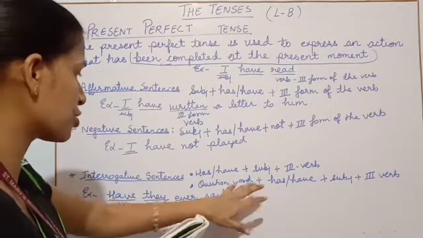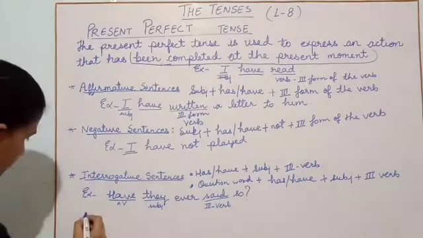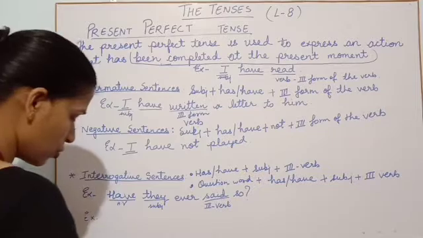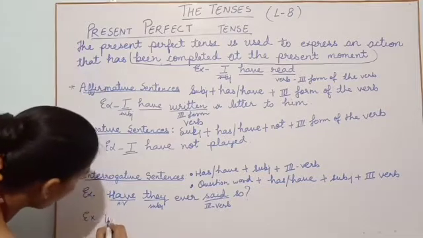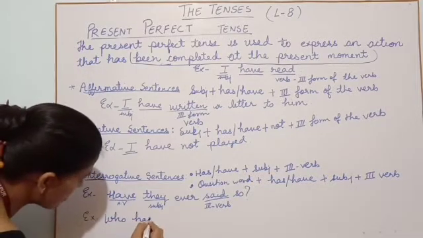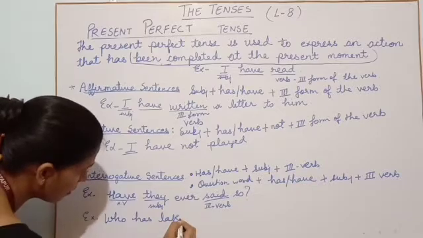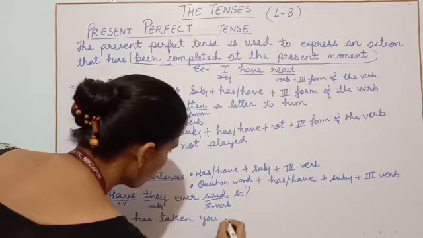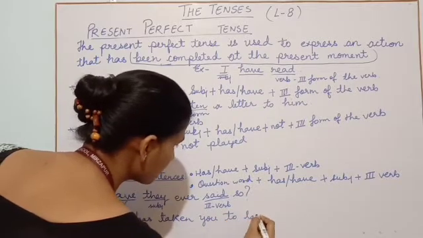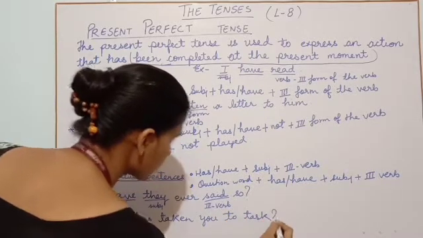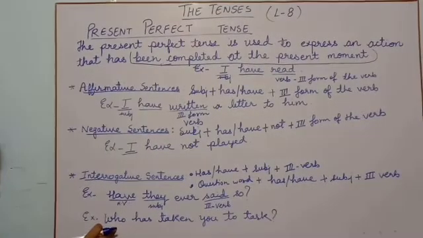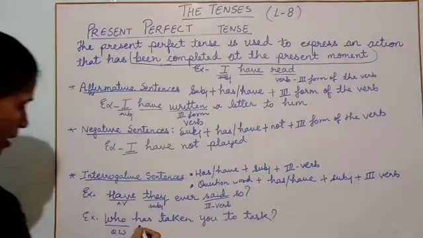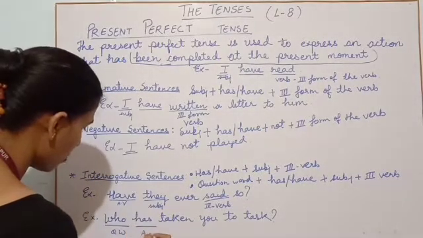Now when we talk about question word, what can we do? We can have the last example. Who has taken you to task? Now look, who is your question word. Has is your auxiliary verb or helping verb.